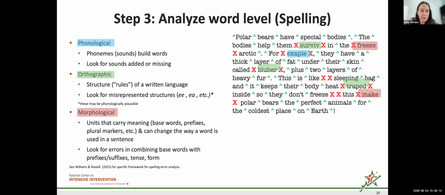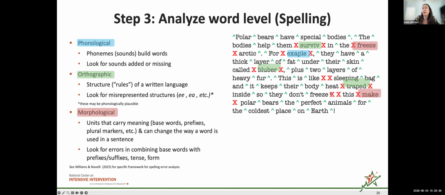So the examples of orthographic errors that I've highlighted on here are in green. One of them is the example survive. So this is missing a silent E, which is one of the structural rules of English writing. So when it's missing the silent E, we're considering that an orthographic error.